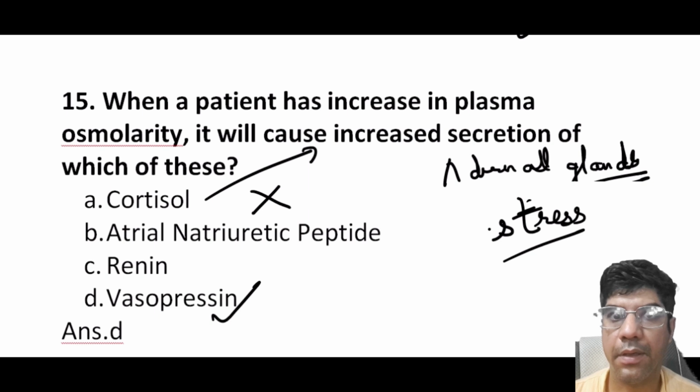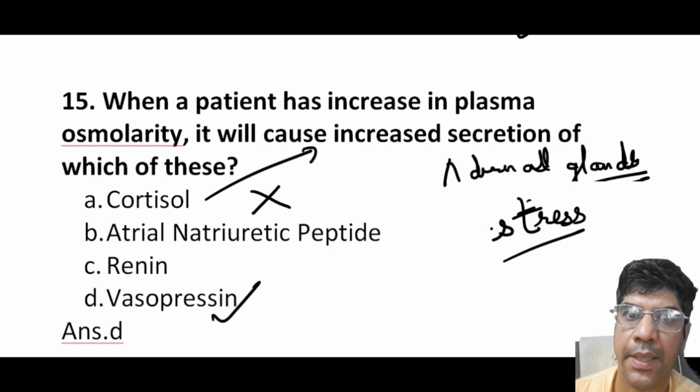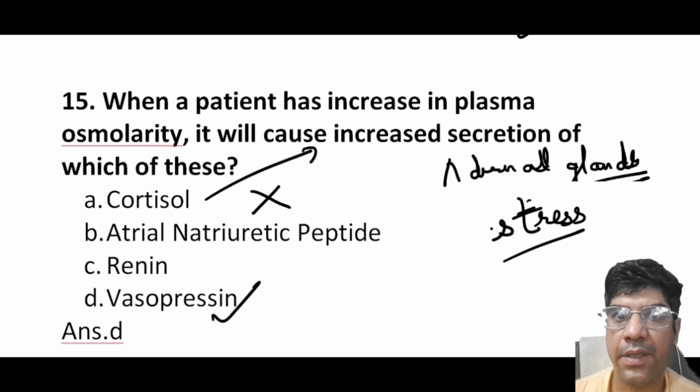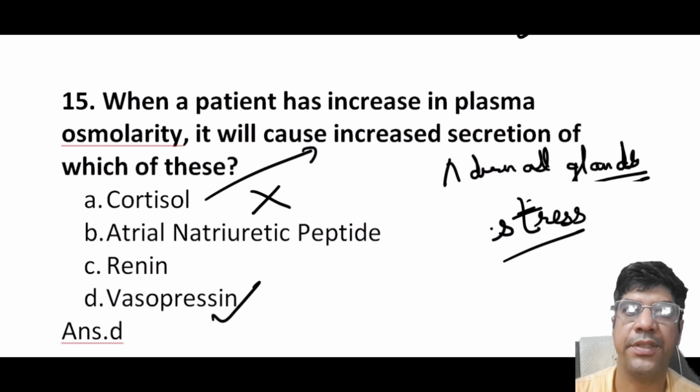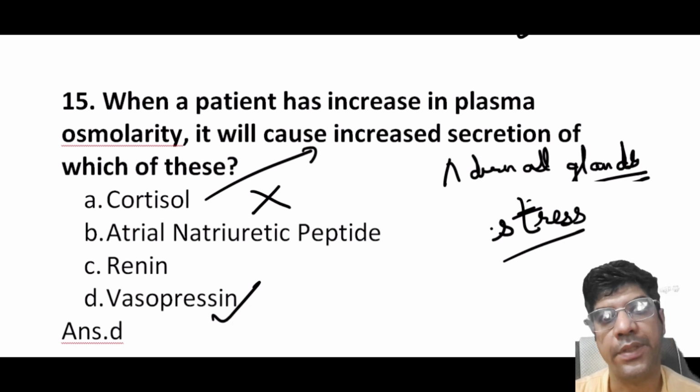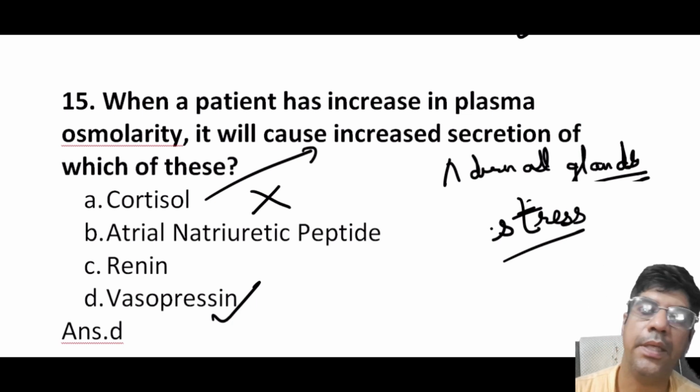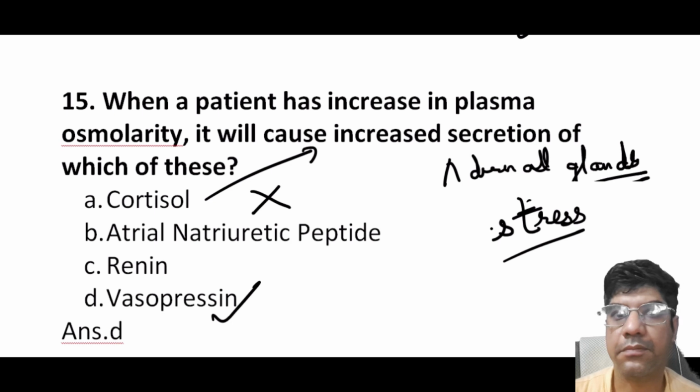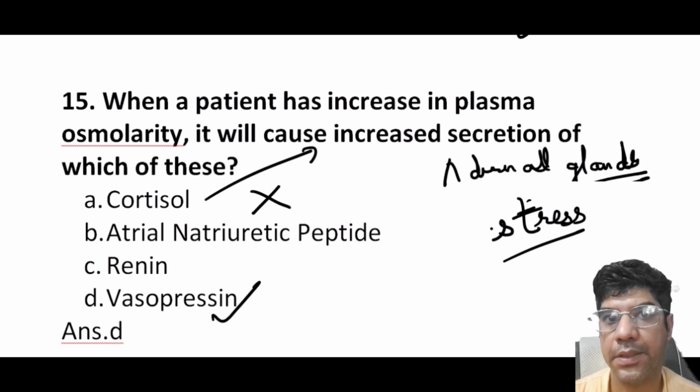Anti-natriuretic peptide is a hormone that is released by the atria of the heart in response to the stretching of the atrial walls, typically due to an increase in the blood volume and pressure.